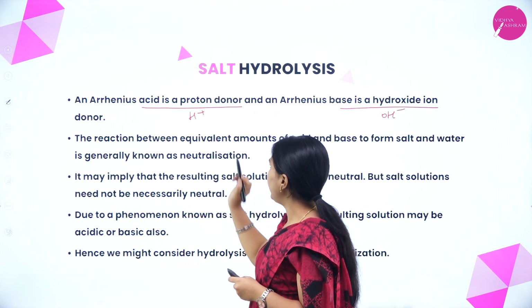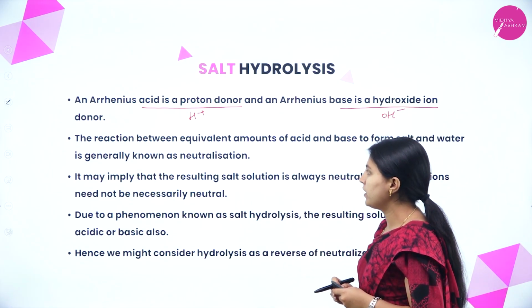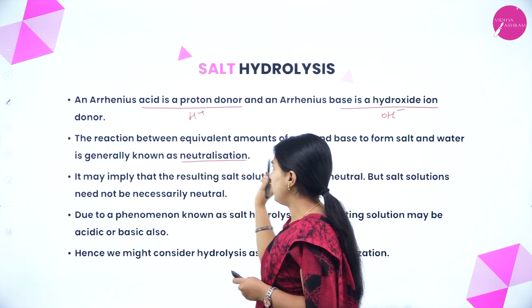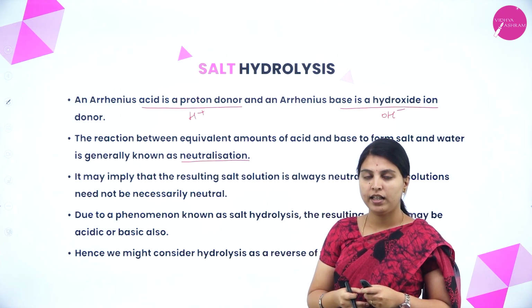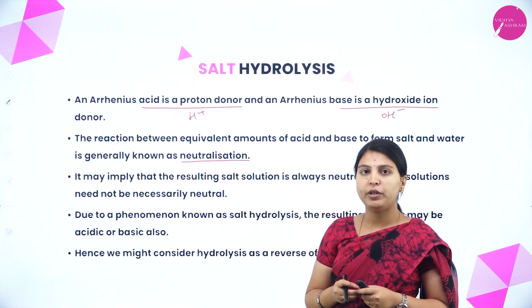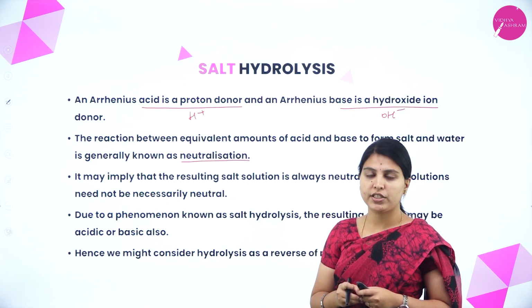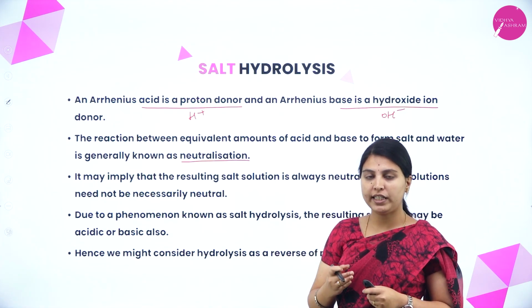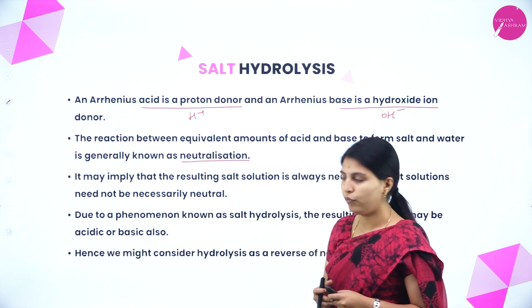The reaction between equivalent amounts of acid and base to form salt and water is generally known as neutralization. When the reaction takes place between acid and base, salt and water will be formed. That overall reaction is called neutralization, because when acid and base both react, they neutralize each other to form salt and water.